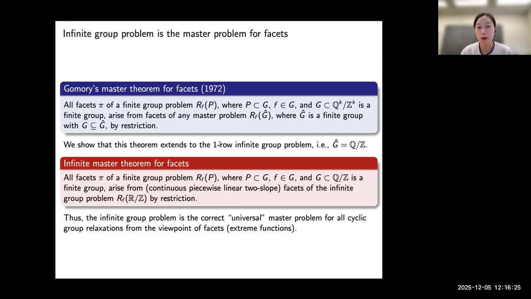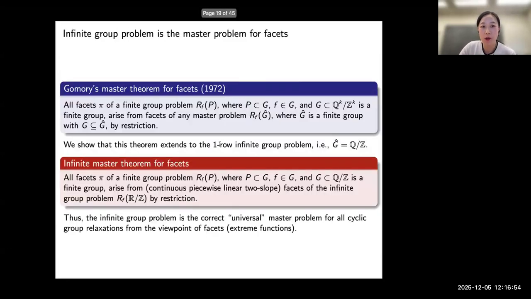And for the infinite group problem, we can take that pi as, in particular, piecewise linear continuous with 2 slopes. When justifying this theorem, we will see that the infinite group problem is the correct universal master problem for all cyclic group relaxations, if we are interested in cut-generating functions and facets.